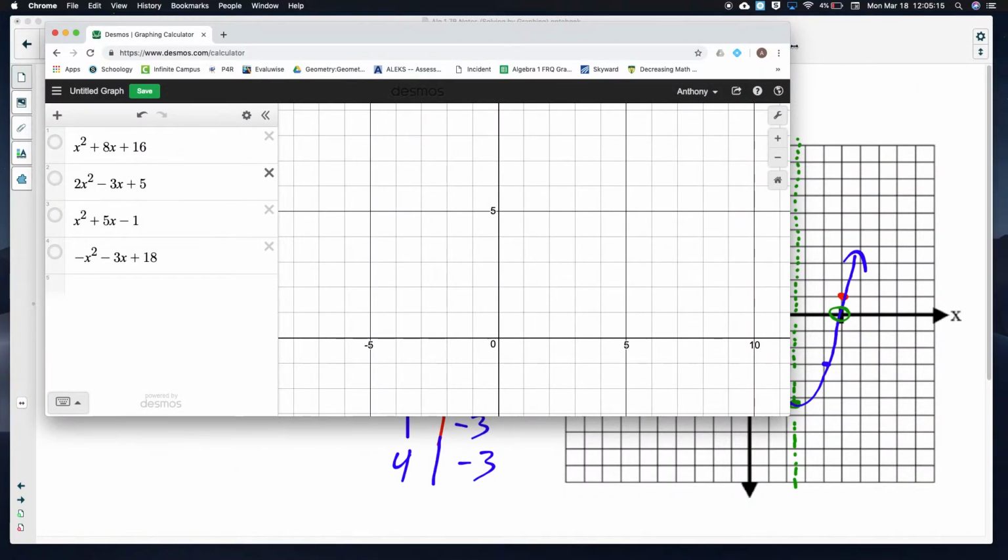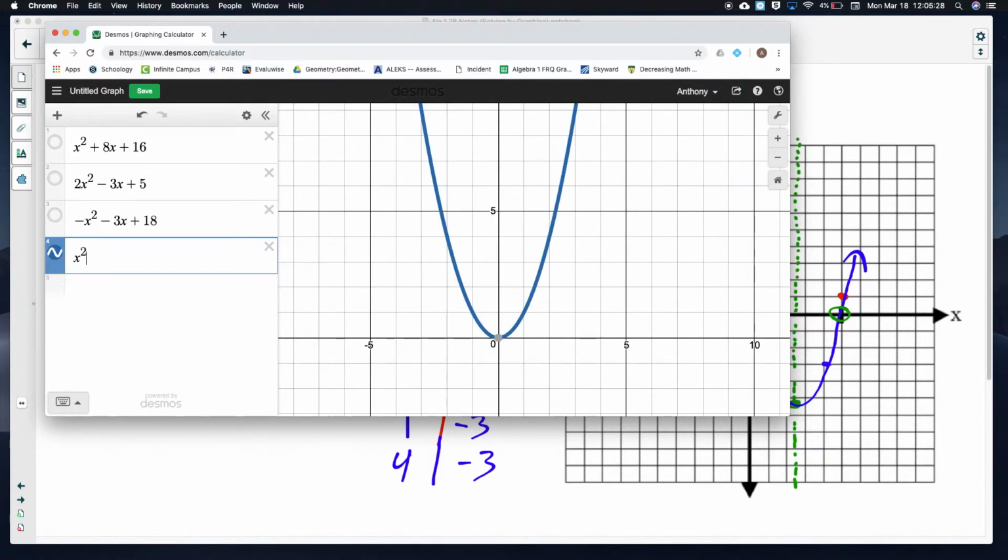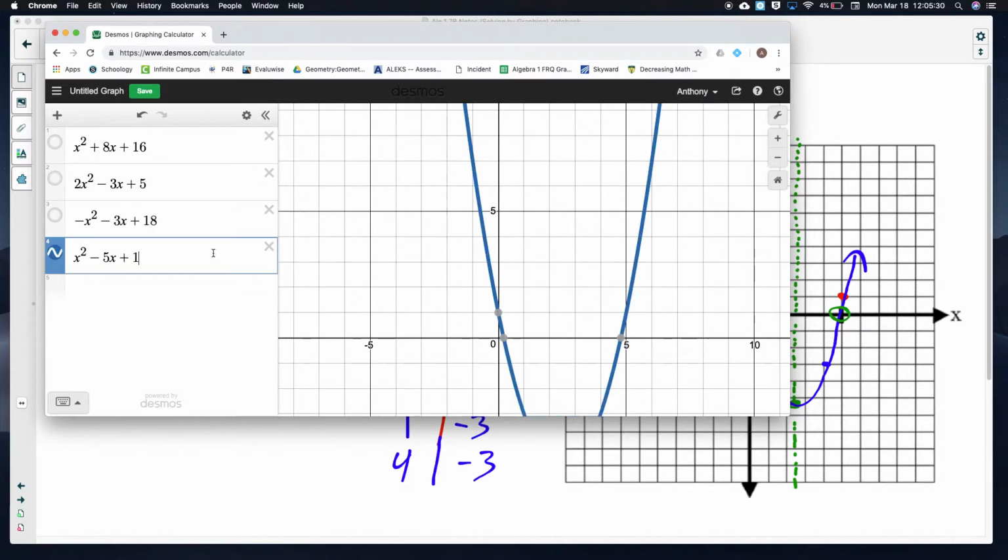I think I typed in this equation wrong. Come on, computer. So I have x squared minus 5x plus 1. And you'll see that our x values, our solutions, are 0.209 and 4.791.